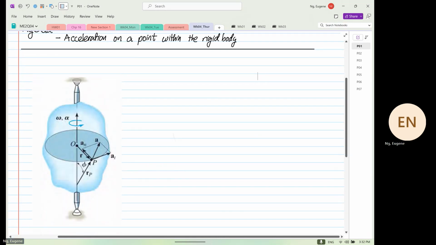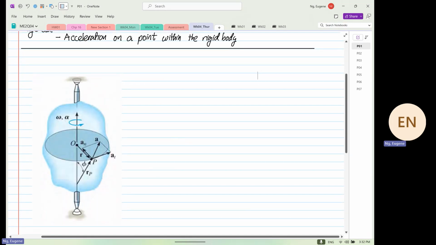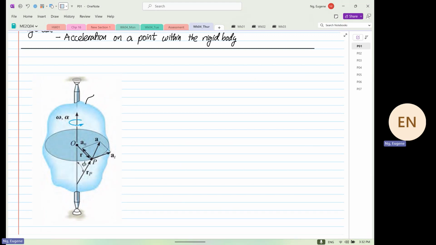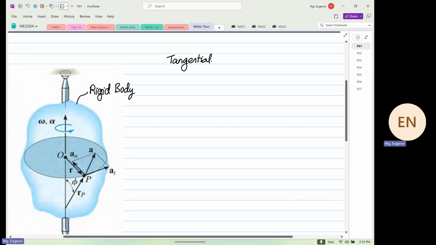Okay. So as you can see, what we have over here is what we call a rigid body. For this chapter, anything that you see cloudy in space, that's a rigid body. And I wrote this before, that we have a tangential. Let me zoom in a bit more, then you can see better.